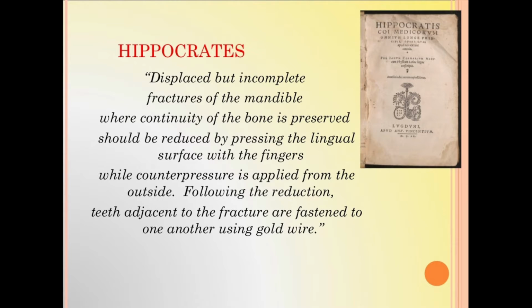A displaced but incomplete fracture of the mandible, where continuity of the bone is preserved, should be reduced by pressing the lingual surface with the fingers, while counterpressure is applied from the outside. Following the reduction, teeth adjacent to the fracture are fastened to one another using gold wire.